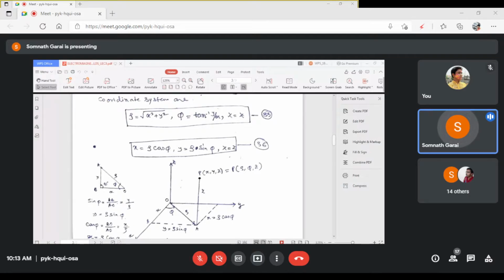What is the value of rho? Value of rho is root 40. It's around 6 point something. Okay, no problem.